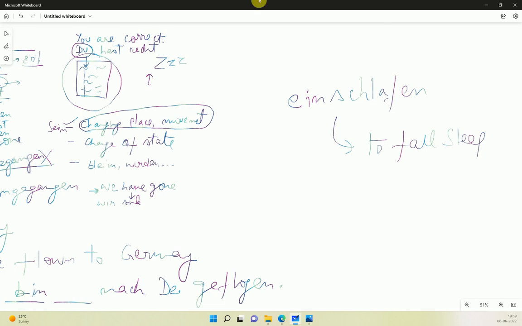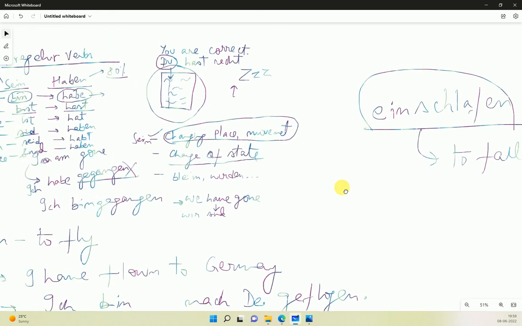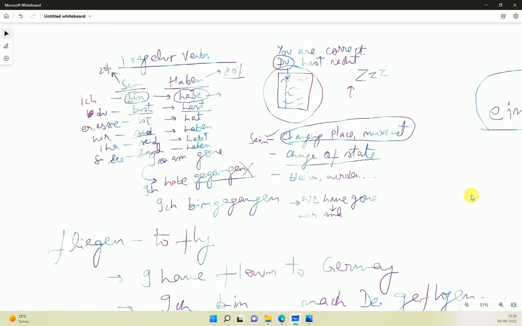Okay. So ये तो clear है ना कि there is a change of state, जो मैंने यहाँ लिखा था, change of state, right? So अगर कहीं पे भी you are using einschlafen, जैसे if I were to say I am sleeping or I just fell asleep, whatever it may be, अगर मैं सो रहा हूँ या सो गया हूँ, I have converted my state from awakened state to slept state, so then again there will be ich bin eingeschlafen, or whatever the verb may be, right?